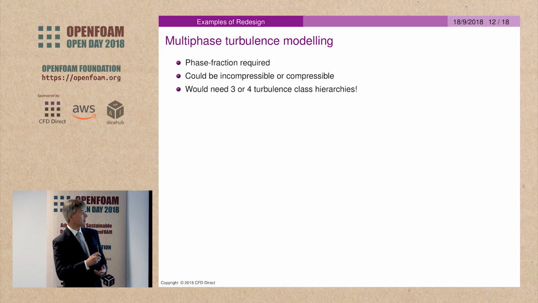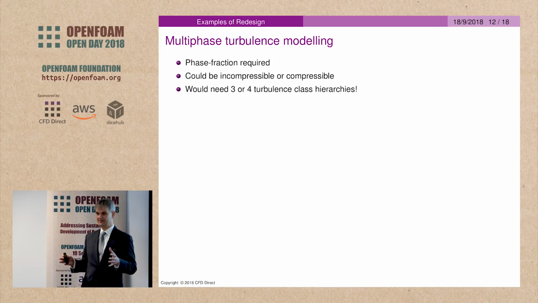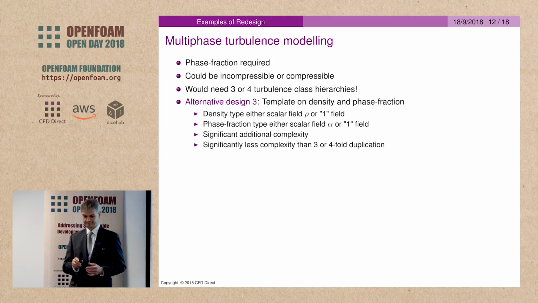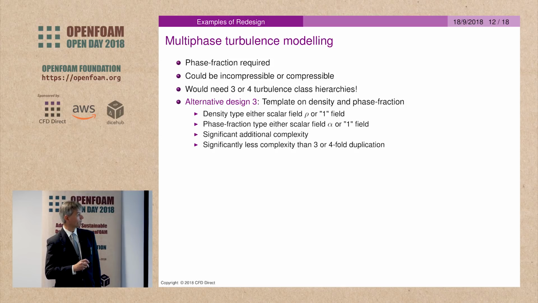So actually, there are up to 4 possibilities. If we use the original strategy, we would end up with 4 independent turbulence class hierarchies. Okay, templating now seems very attractive. But we have to template on the density and the phase fraction types. This is a significant additional complexity, but it's got to be less than 4-fold duplication.